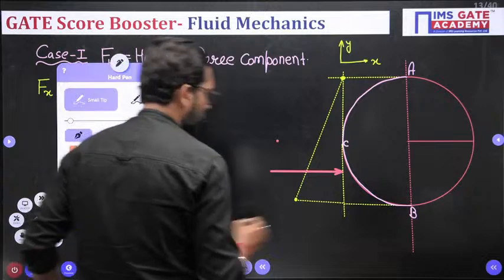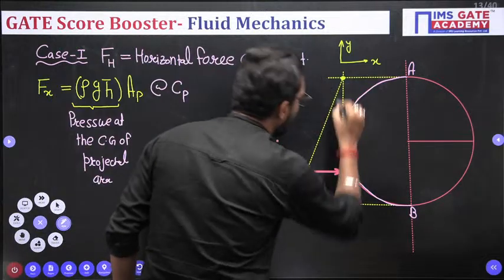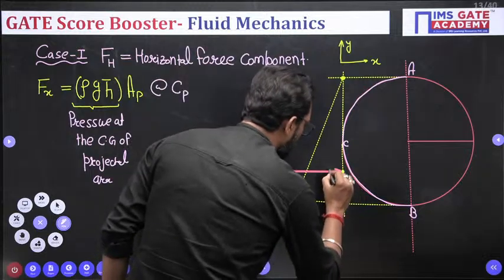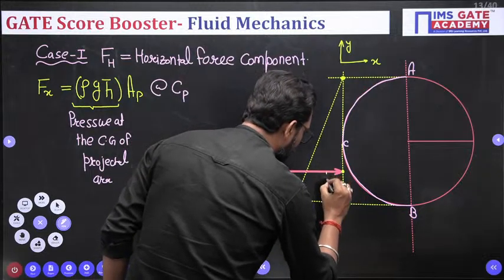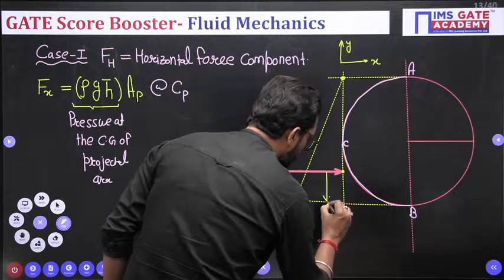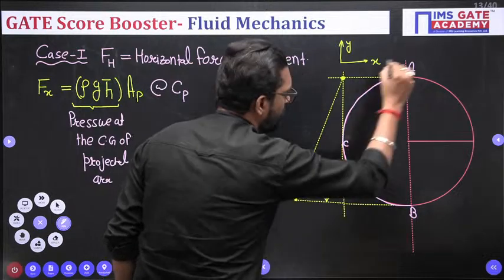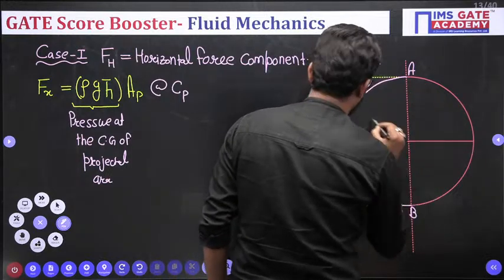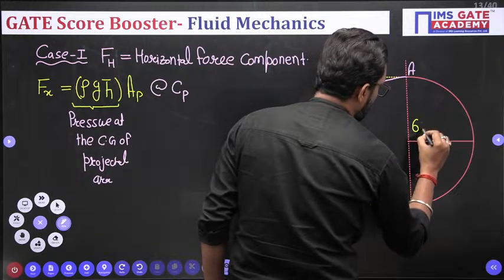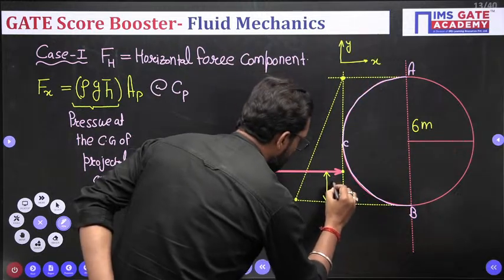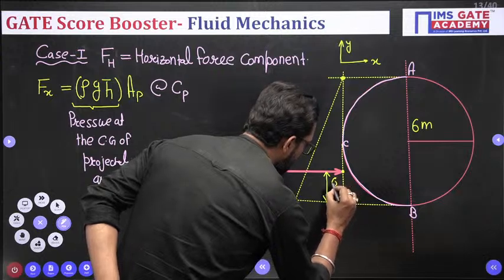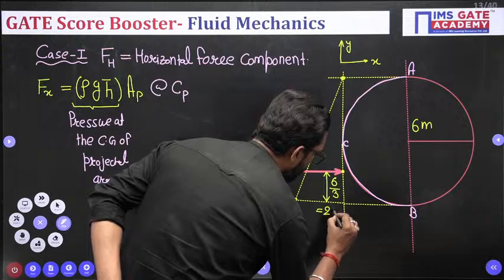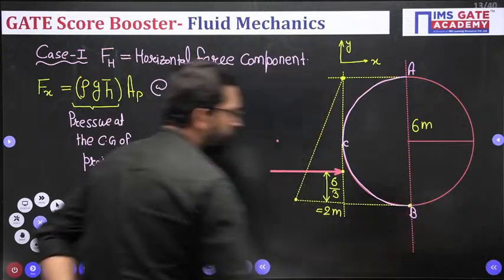So the CG, why? Because this is a triangle, na? What is the CG of this triangle? From the base it is h by 3. This total is 6 meter, it is given. So it is h by 3, 6 by 3, that means 2 meter from the base.